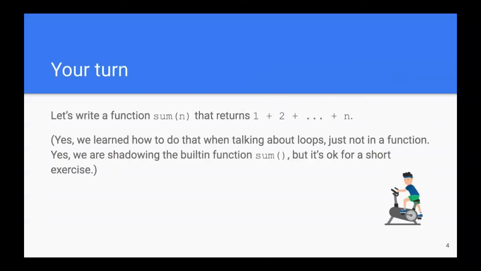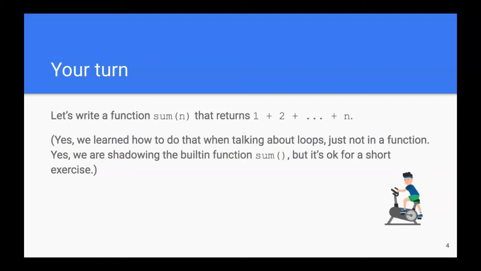So anyway, right off the bat, I am actually going to ask you to write a function using what we have learned before. This function is just a sum function, so it takes a single integer, n, and it should return the sum of adding 1 and 2 and 3 all the way to and including n.